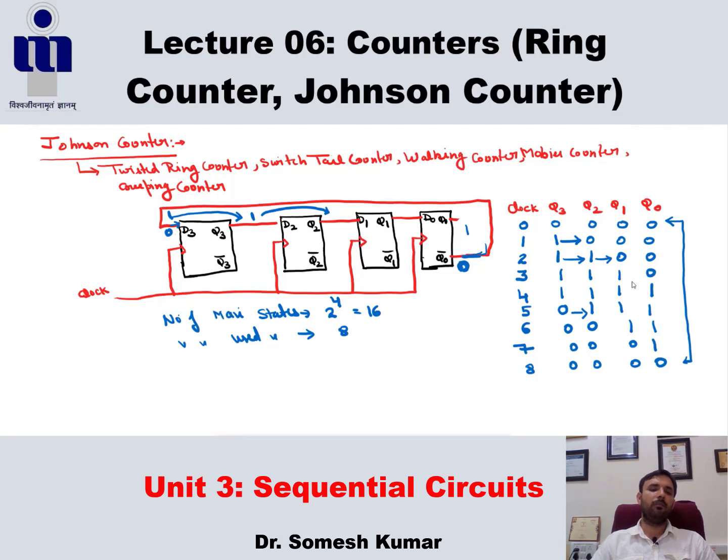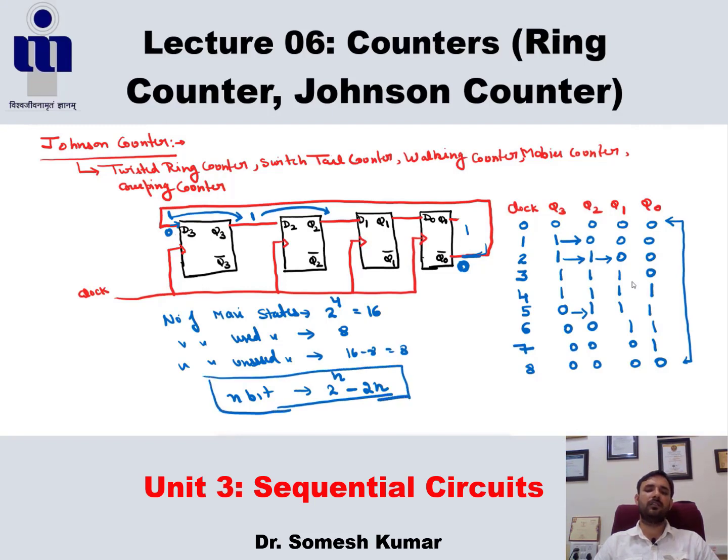So the number of unused states in a 4-bit Johnson counter is 16 minus 8, equal to 8. So for n bits, the maximum possible number of states is 2 to the power n, and 2n is our used states. Right? So this is the formula for unused states.